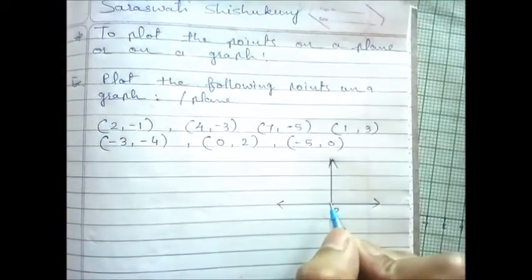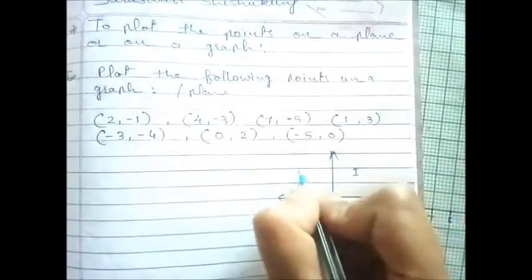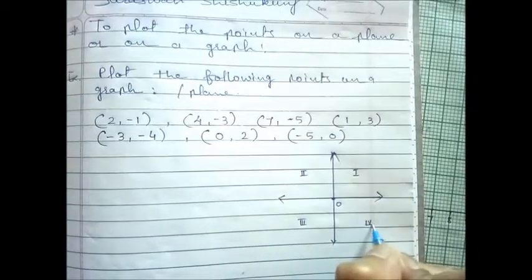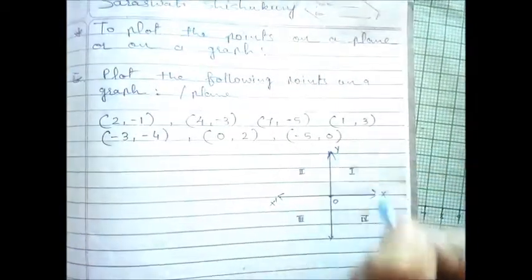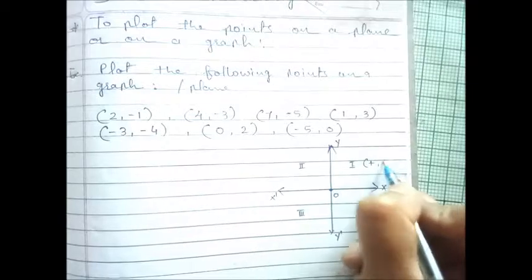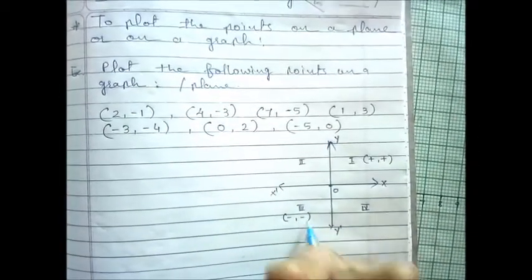Now here I have drawn one rough. So this is our first quadrant, this is our second quadrant, this is our third, and this is our fourth quadrant. Now this is x, x dash, this is y, y dash. In the first one both will be positive, and in the third one both will be negative.